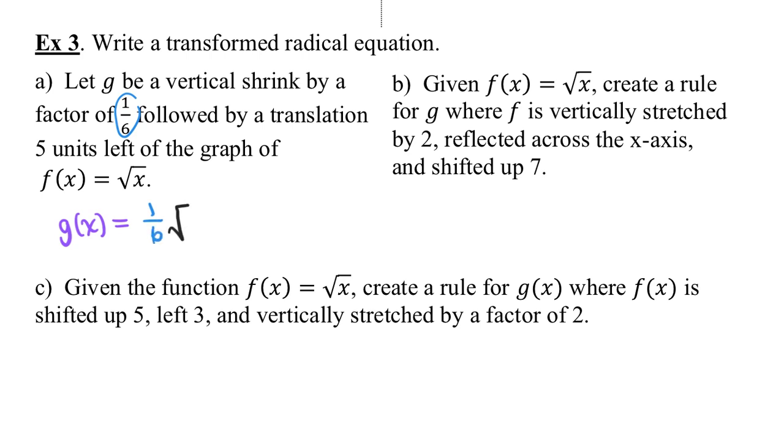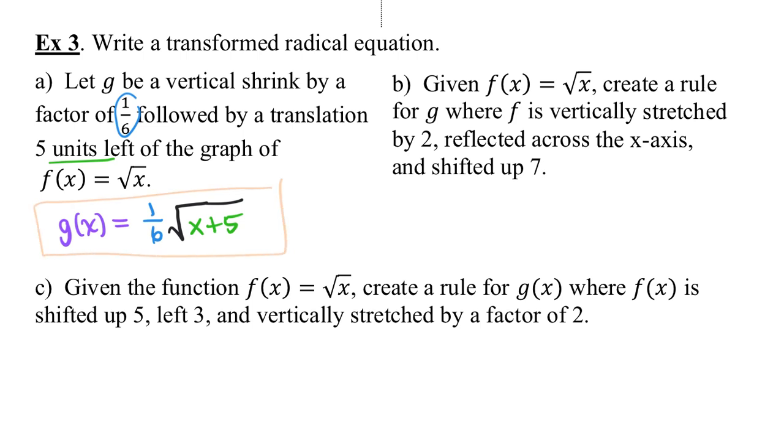This is a square root function, and I want it to go 5 units left, so x plus 5. Let's think about this: vertical shrink of 1/6, translation 5 units left of the square root. I think we got all the pieces, so this will work.